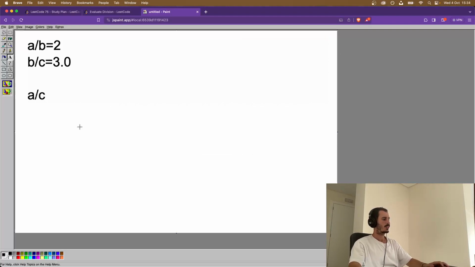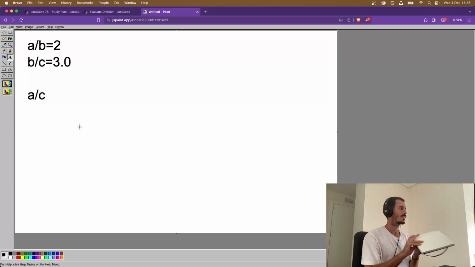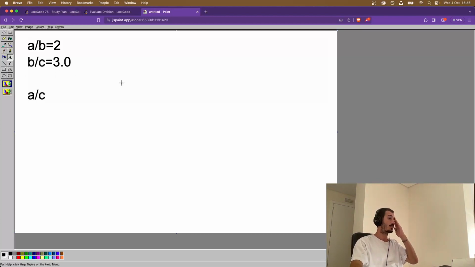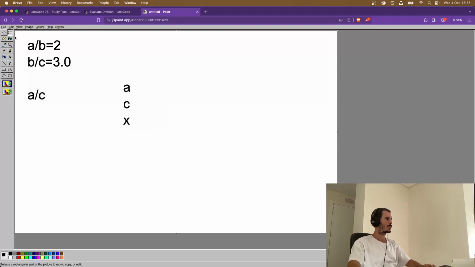I actually had to go get my notebook and my pencil and do some writing. And what did I find out? If we want to find out A divided by C, how do we do it? There are two ways to solve this problem.